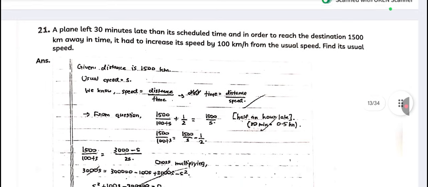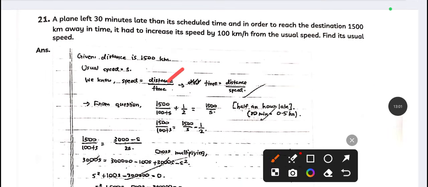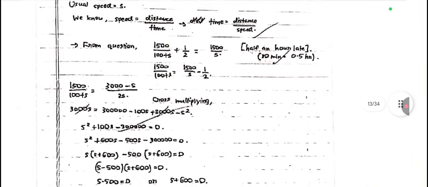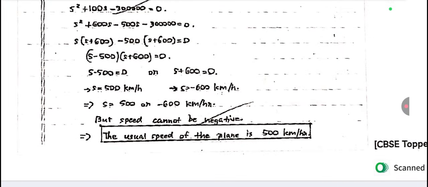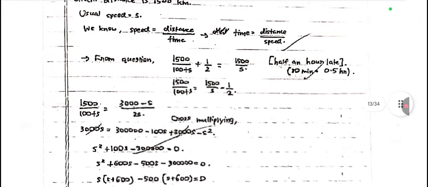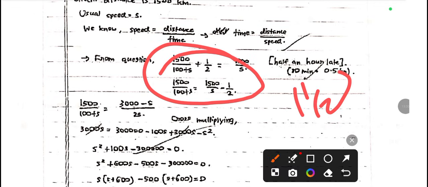Again, one of the important speed-related sums, some children have to revise and solve. Speed, distance by time. So 1500 divided by 100 plus 5. Time is distance by speed. They said half an hour later, so they have added the half hour and equated, and they got the quadratic equation. Sometimes writing this alone for a 5 mark question, if you write this properly, itself is 1.5 or 2 marks.